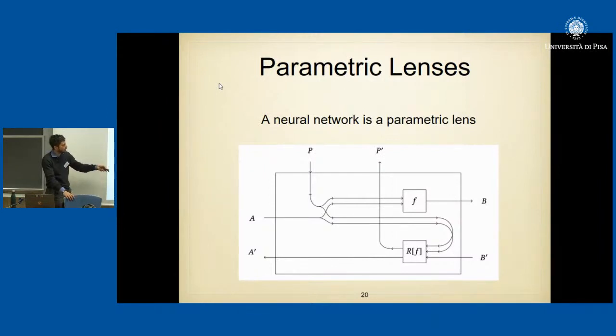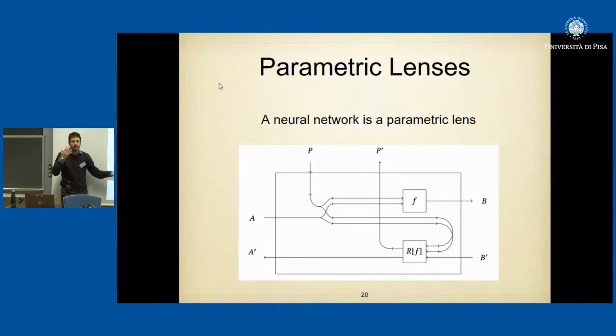So if you unpack the lens that we saw before, you see that in the computation of f, the function that the neural network is computing, it takes the parameter space P and my original A, giving me a B. At the same time, I have another device in my network, which is this reverse derivative, which is taking the P and the A, but is also taking a change B prime, and is giving me back some change in the parameter space and in A. So you know that the gradient descent learning is all about changing your parameter space.